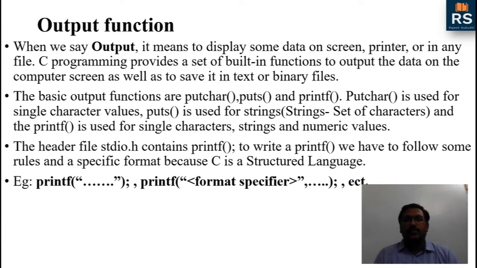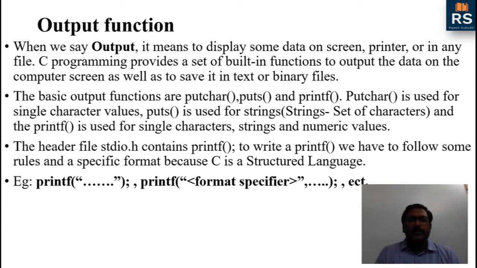If you want to show some message to the user, or ask something from the user, or print something on the screen in your program, you need an output function. Basically the output functions which we have are putchar, puts, and printf.